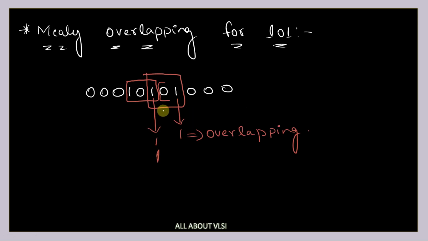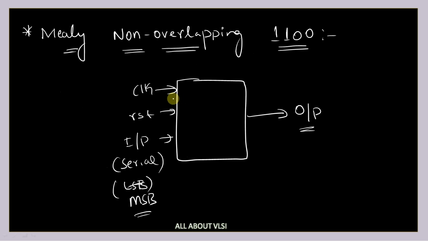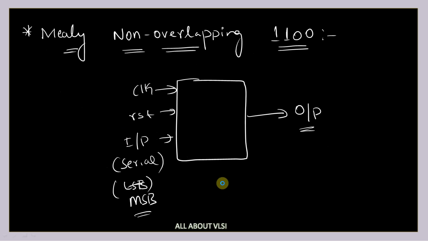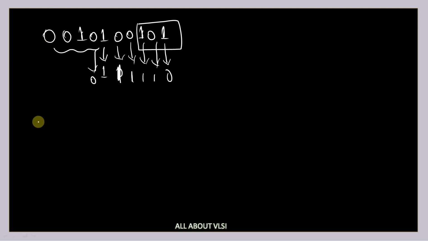For Mealy overlapping with 3 bits you get 3 states, whereas with Moore you get n plus 1. So for n-bit sequence detection, you get n states in Mealy FSM and n plus 1 states in Moore FSM.